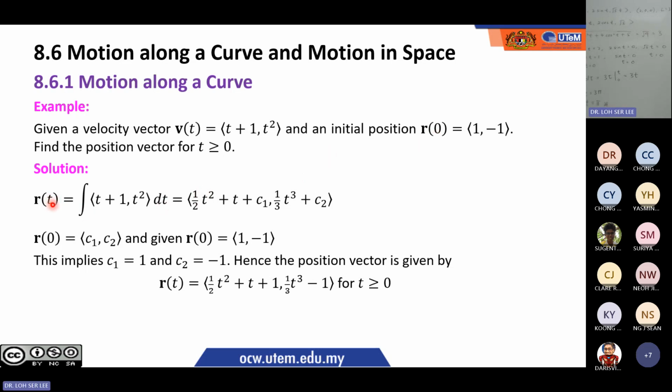And given that r0 equals 1 and negative 1, this is the r0 given by the question. So from here, we know that c1 is 1, c2 is negative 1.